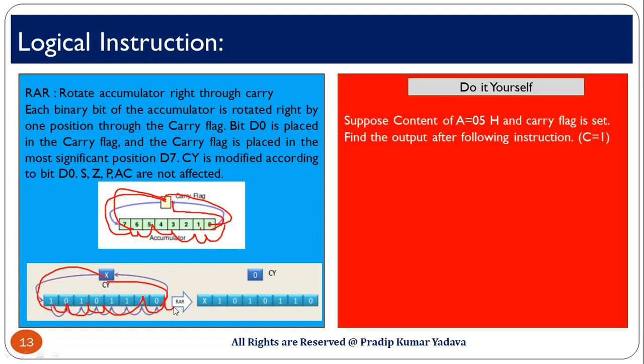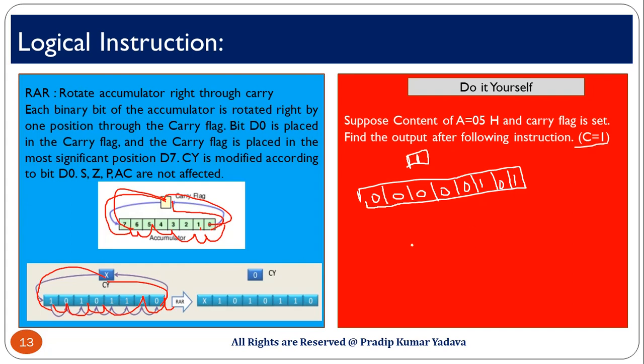Suppose the content of accumulator is A5, okay. Let me take a pen and try to explain. The question is that the content of accumulator is 05, means 0, 0, 0, 0, and 5 means 0, 1, 0, 1, and the value of carry is 1, okay.